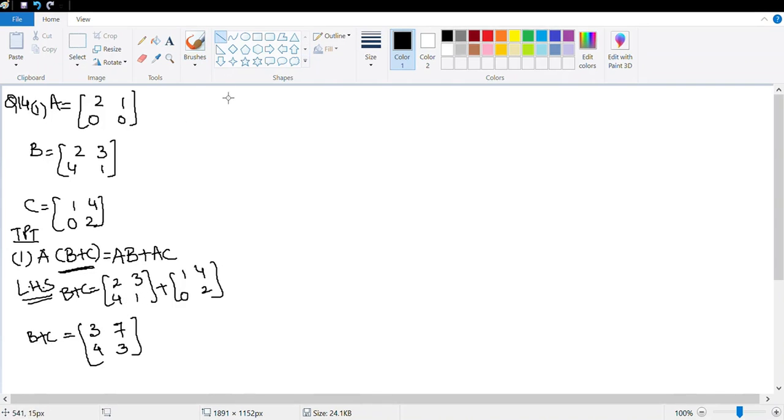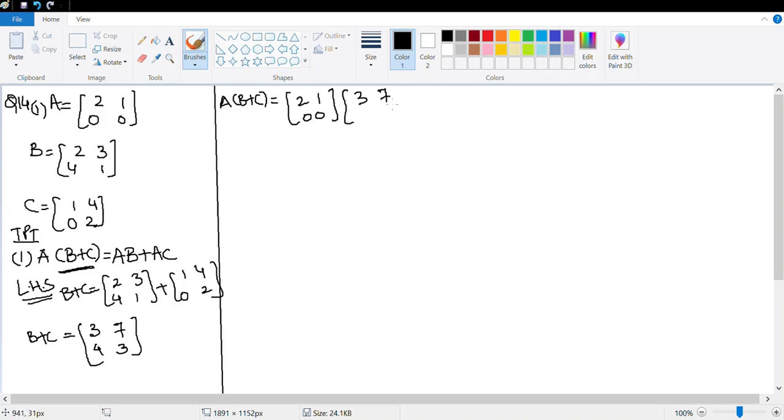Now let's multiply A with B plus C. So A times (B plus C) will be equal to A, which is 2, 1, 0, 0 multiplied with 3, 7, 4, 3. This question I will do without putting the arrows. You need to learn how to multiply without the arrows as well.